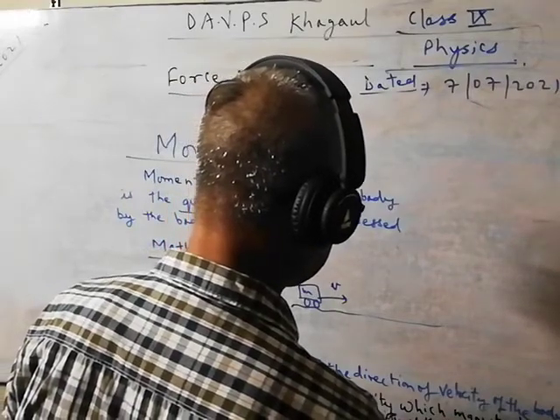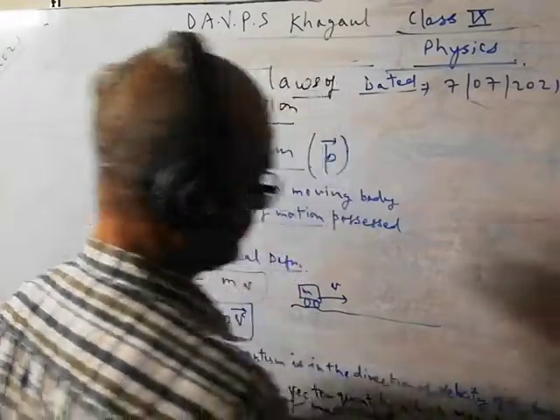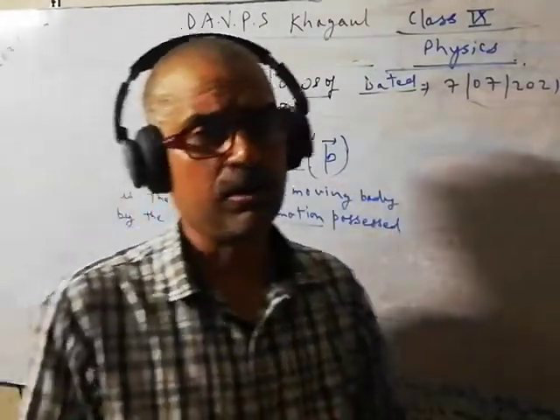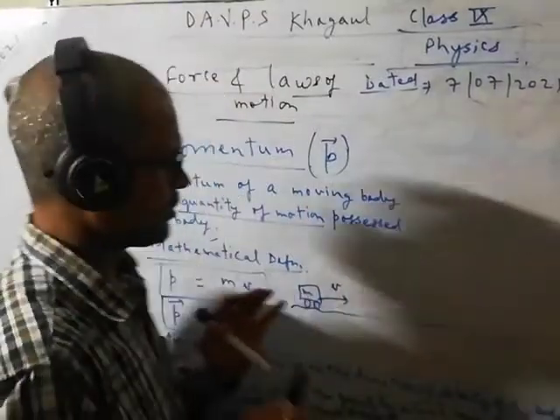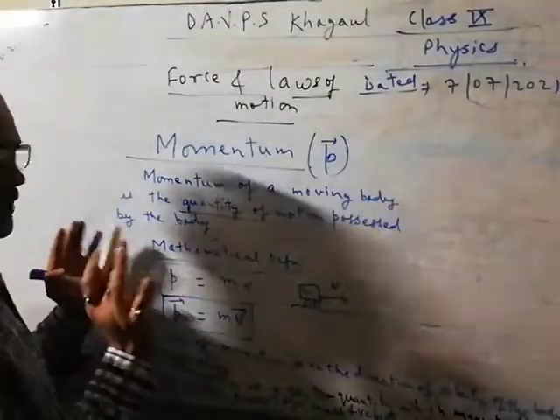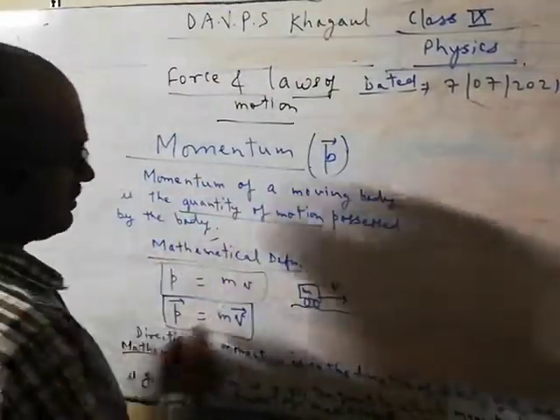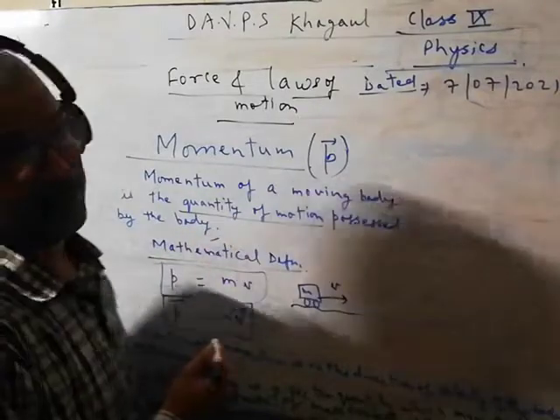That is the mathematical definition. The formula you have to remember: P is equal to M into V.